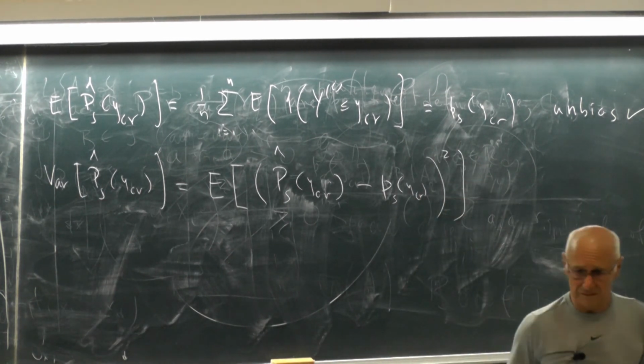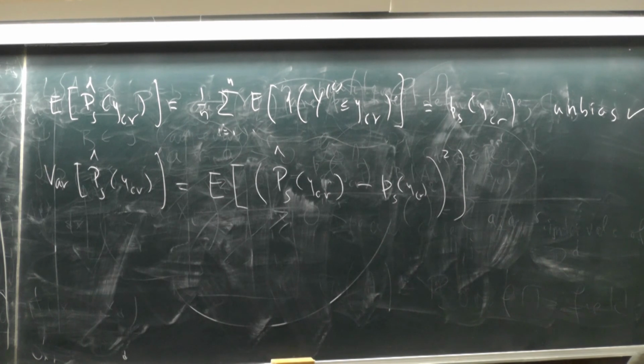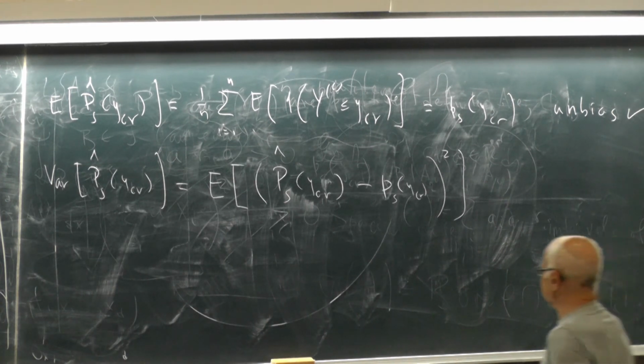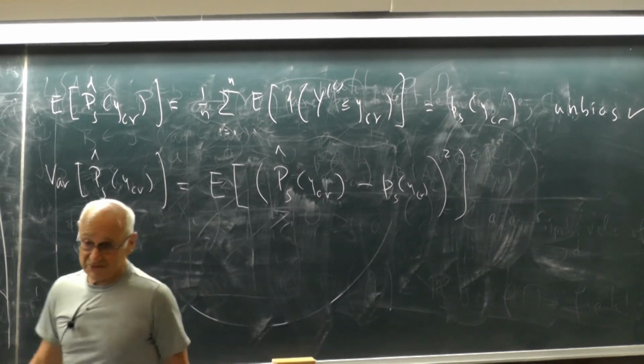That's the definition of the variance: the random variable minus the mean value, squared, expectation. And now we just have to do some calculations.